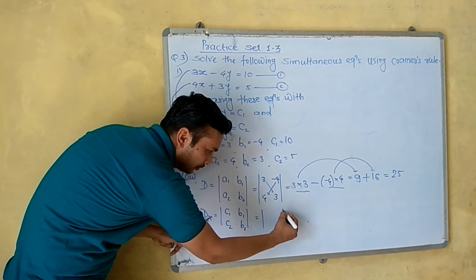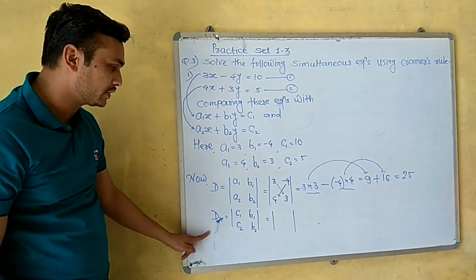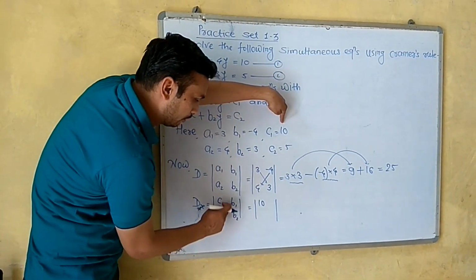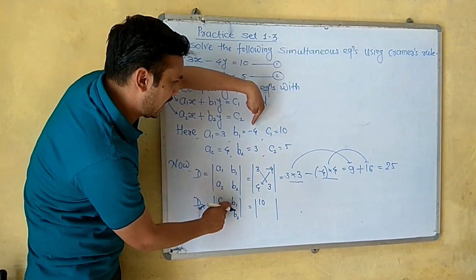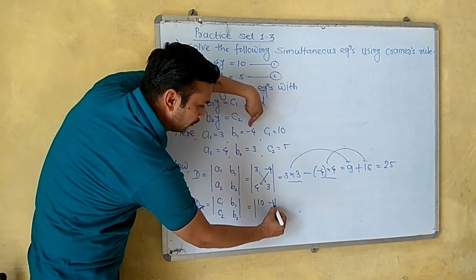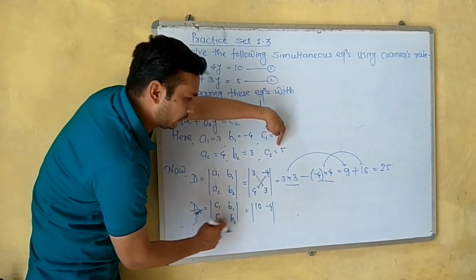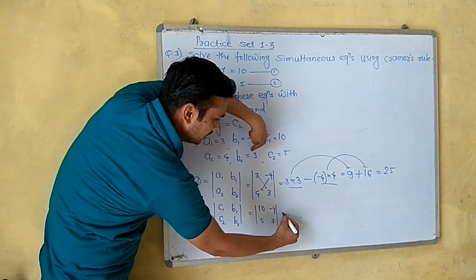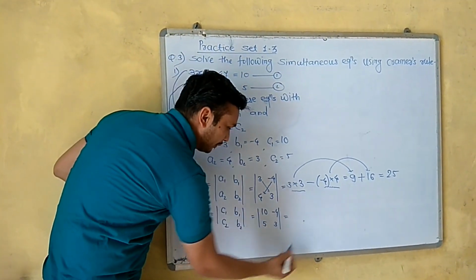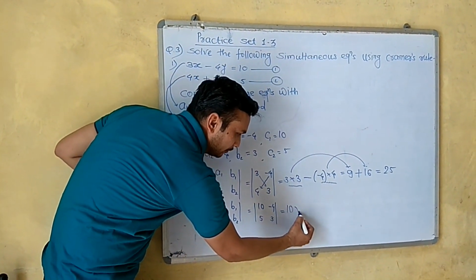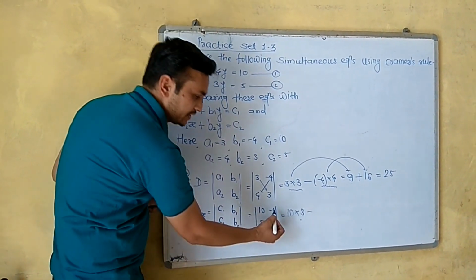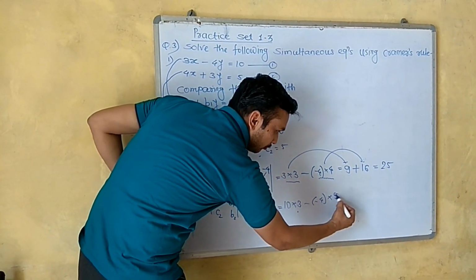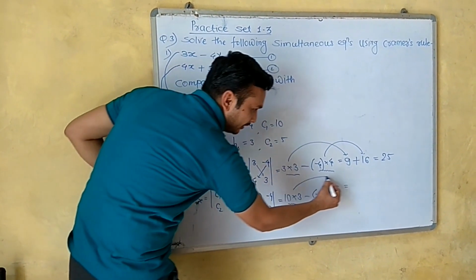That is equal to the determinant of, put the values: c1 is 10, b1 is minus 4, c2 is 5 and b2 is 3. Same by cross multiplication, 10 into 3 minus minus 4 into 5. 10 3s are 30.